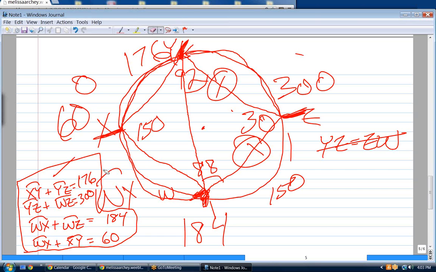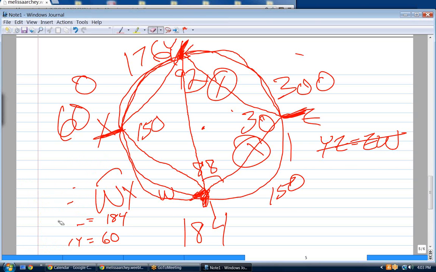Here, let me erase all of these and make sure that you understand what I'm doing here. Okay, they told us that YZ was equal to ZW. Right. Okay, that makes this an isosceles triangle. That makes this angle that I've got the little angle sign equal to this angle here.